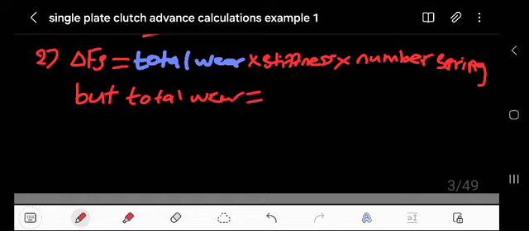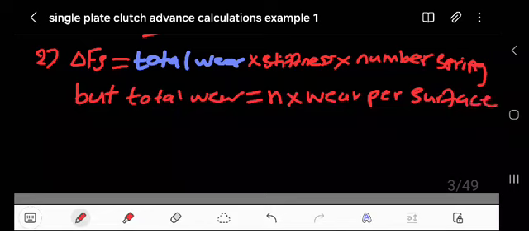The total wear formula is equal to the number of contacts multiplied by the wear per surface. So this is total wear if you are not given it directly. Total wear is equal to the number of contacts multiplied by wear per surface, right?